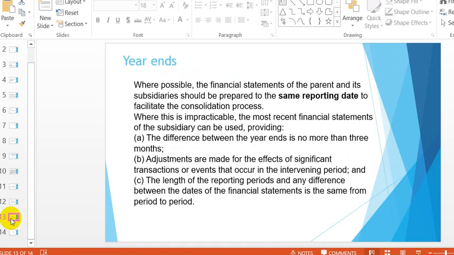So, where possible, the financial statements of the parent and those of the subsidiary should be prepared to the same reporting date so that it makes it easy for the consolidation process.